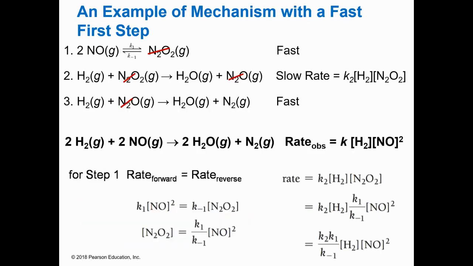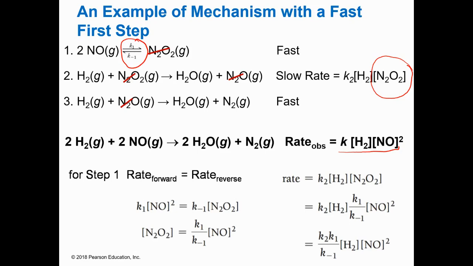So here it's showing us, I wish it let me go step by step instead of doing it this way. They told us the observed rate law. The problem is we've got this intermediate in our slow step, which means it's not valid. But every time you see this double arrow, that means it's in equilibrium.